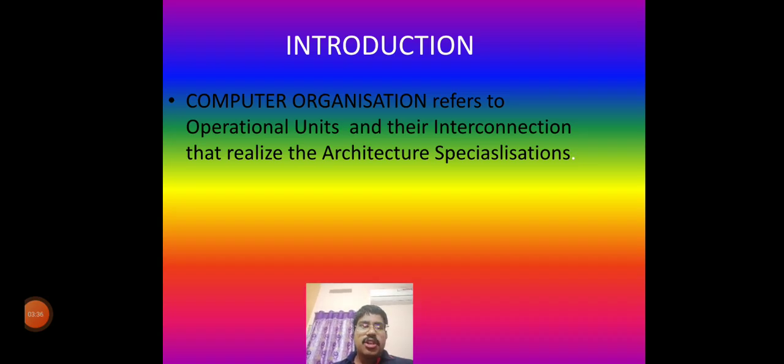These all come under the operational units, because each and every unit is going to perform some operation. So computer organization refers to the operational units that are interconnected. That means they are connected among themselves for the free flow of data from one device to another device, and their interconnection realizes the architecture specifications. This is referred to as computer organization.